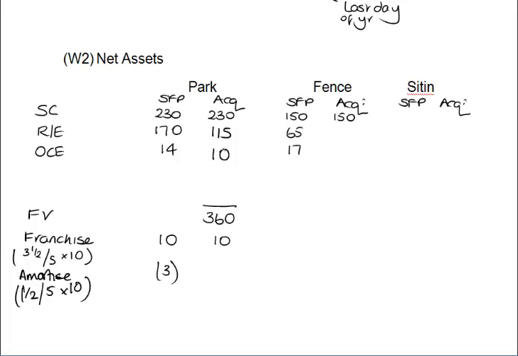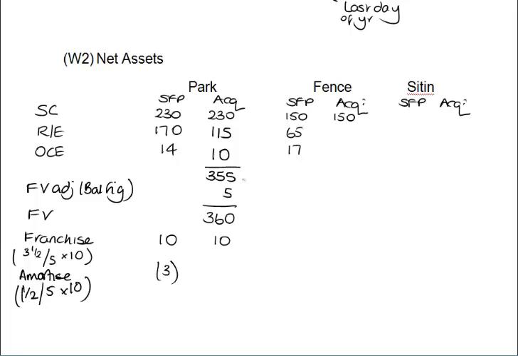So if I now add that up, 230 plus 115 plus 10, that gives me a figure of 355 million, which is the book value or the carrying amount. So our fair value adjustment, which is the balancing figure, works out as 5 million.